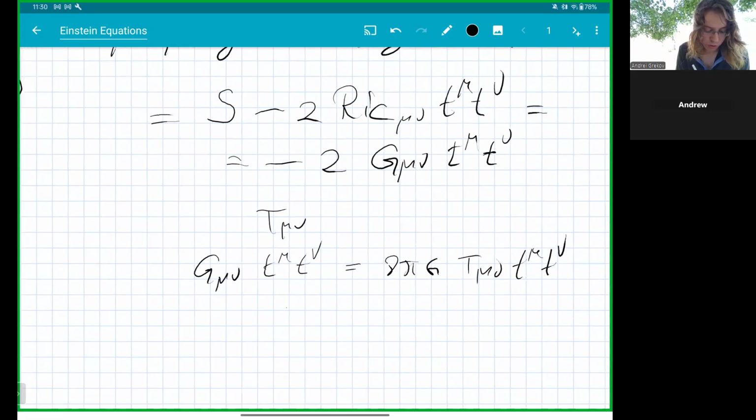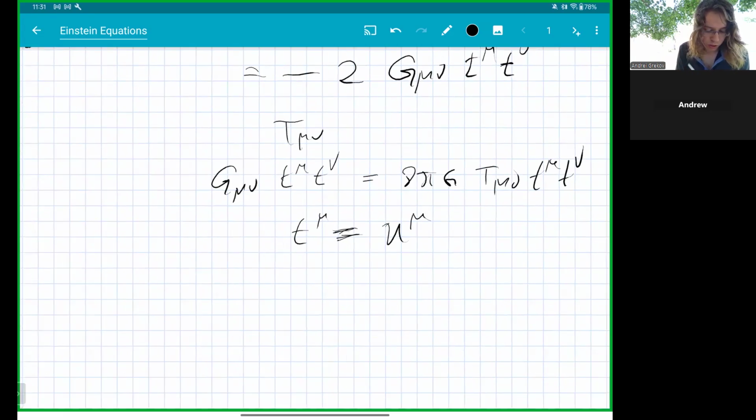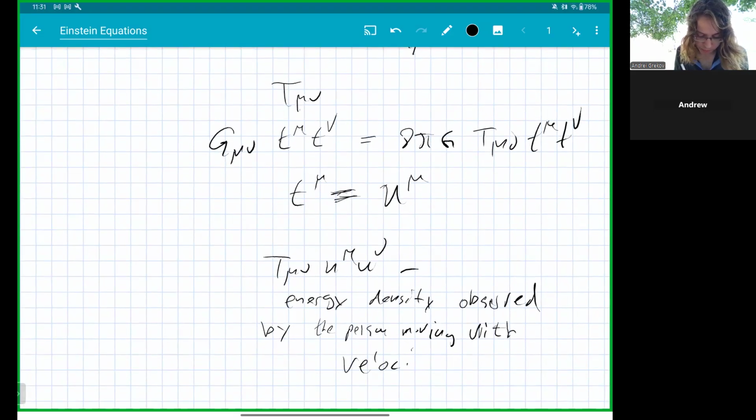And if this unit vector is equal to, say, the velocity of some observer moving with four-vector speed u, then what this thing is, is just the energy density observed by the person moving with velocity u mu.